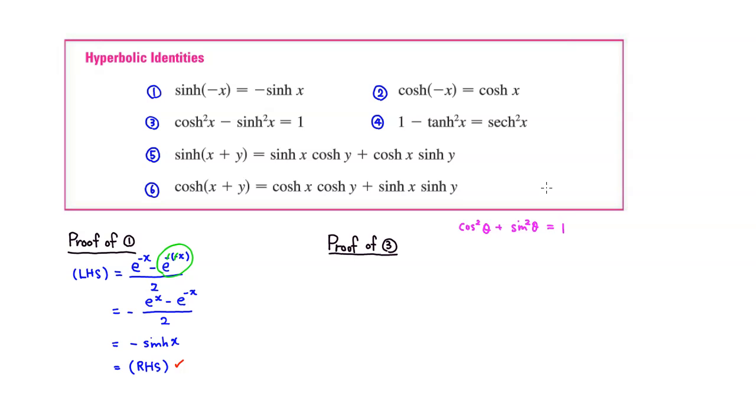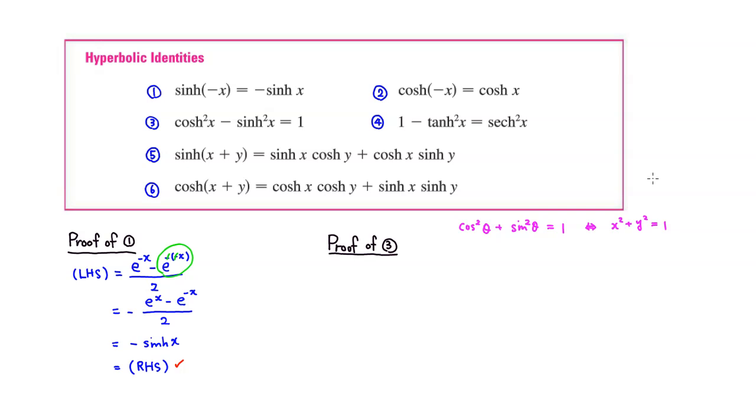This is the trig identity, probably the most popular one for trig functions. And this has a close connection with the unit circle: x squared plus y squared is equal to 1. So trig functions have a close tie with the unit circle.